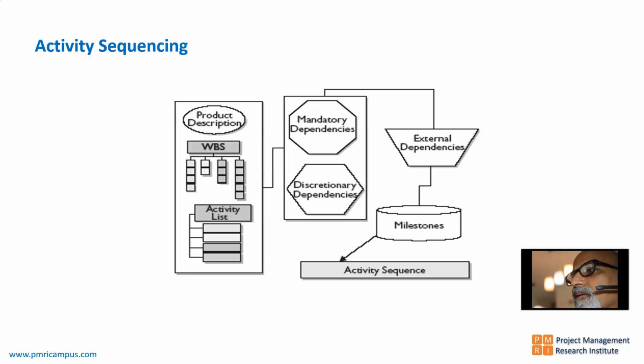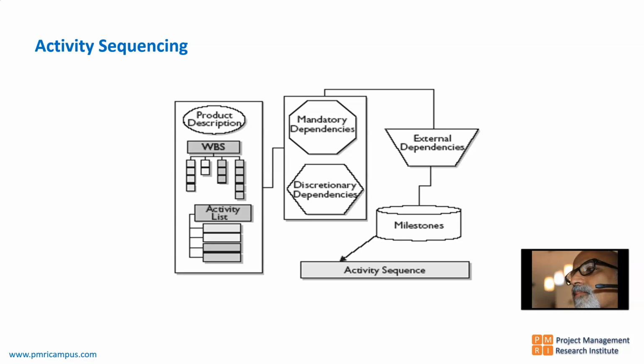We need expert judgment. We need domain experts to come in, brainstorm, and then arrive at the activity sequences. This is a major exercise when it comes to infrastructure projects, because without logically arriving at the correct or practical activity sequences, preparing a schedule is impossible.